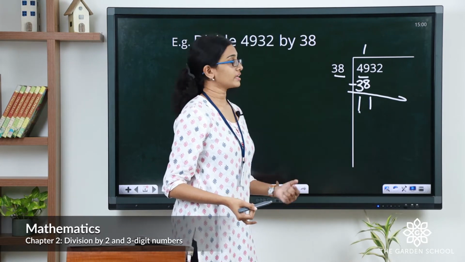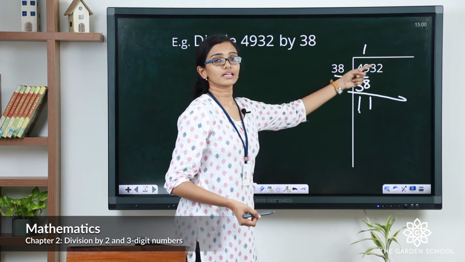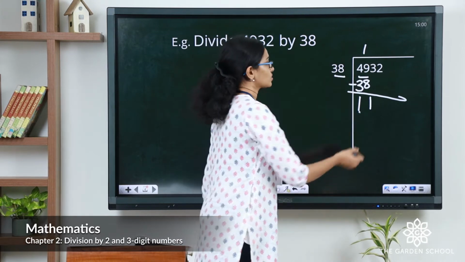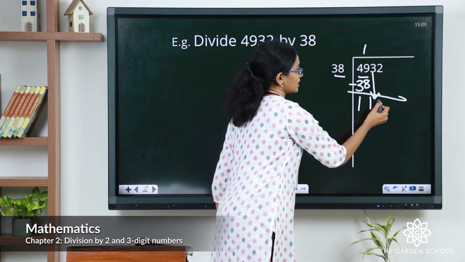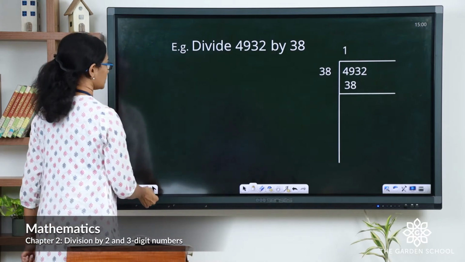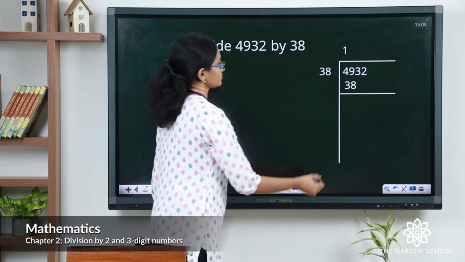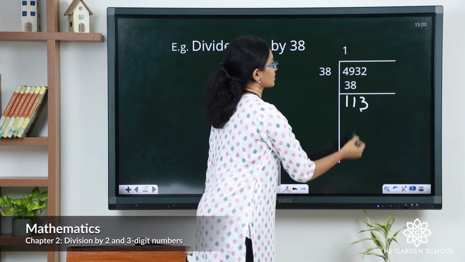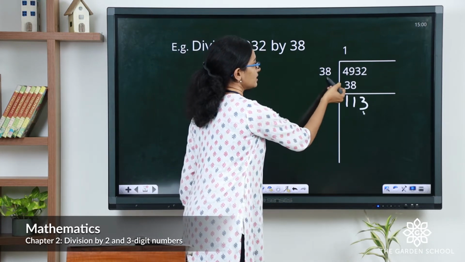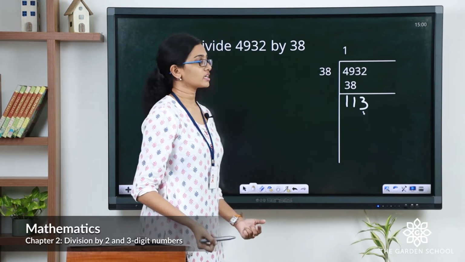Now, the next step is to bring down the next digit of the dividend to this place. So, we are bringing this 3 down. So, this becomes 113. Now we have to divide this 113 by this 38.